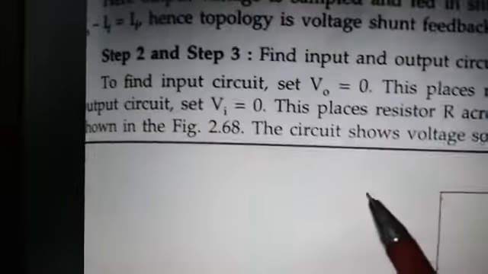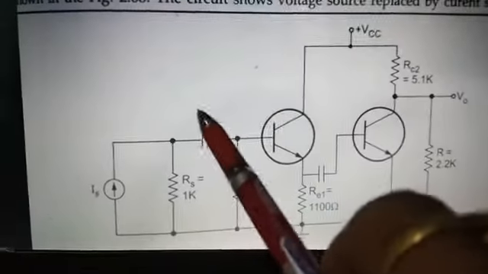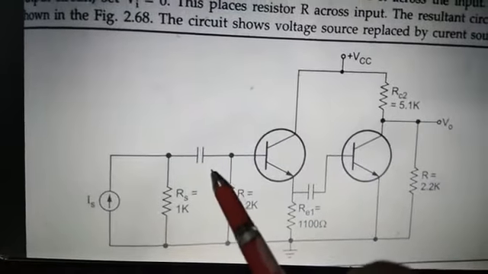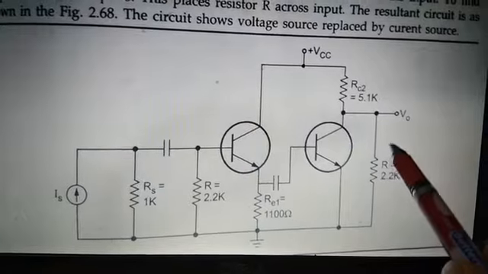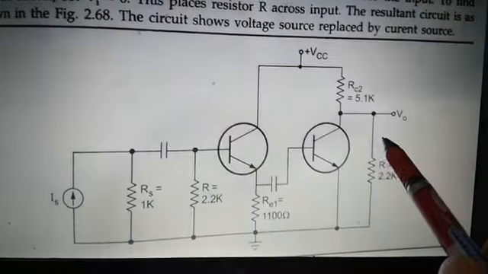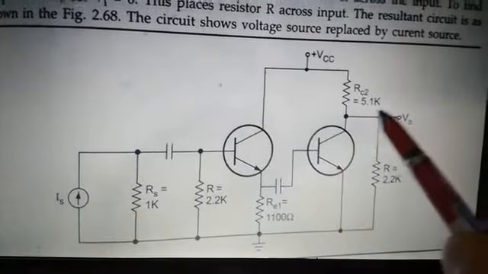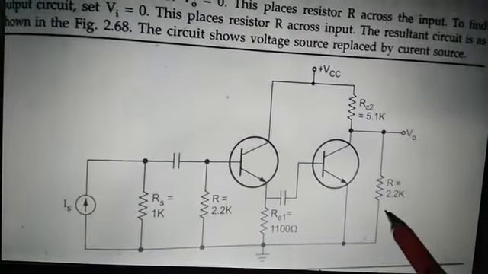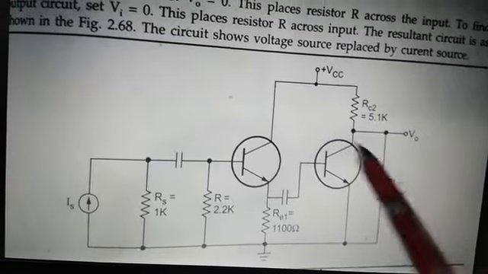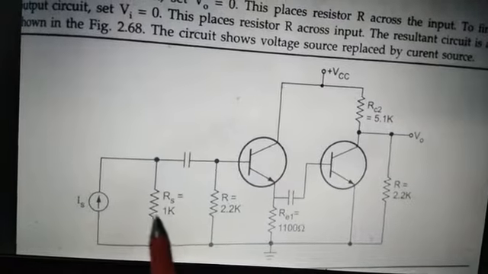Now the second and third steps are to draw the equivalent circuit at the input and the equivalent circuit at the output. The method is the same. To find the input circuit, the output should be shorted, and to get the output circuit, the input should be opened.